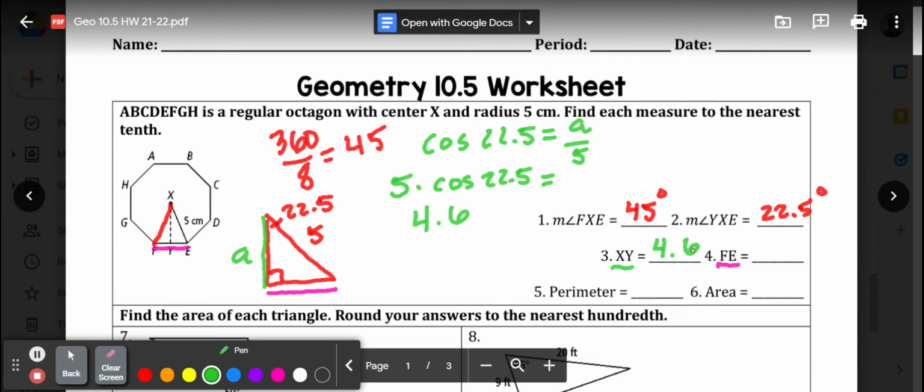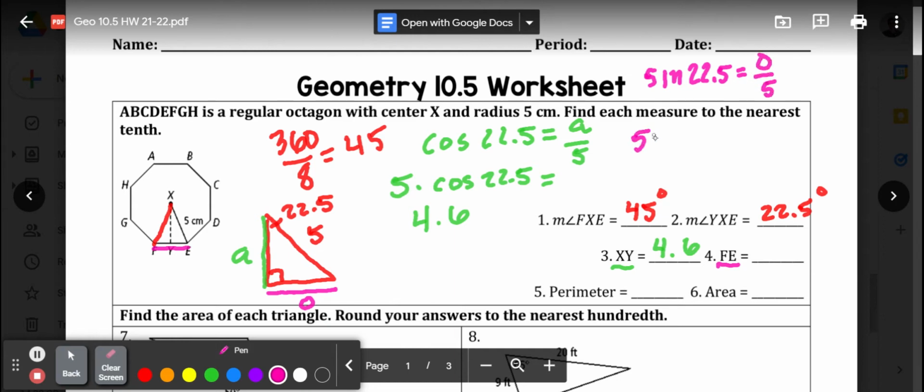Boom. Okay. Next, let's find this piece down here, which we're going to have to double for FE, but this is the opposite piece. We have hypotenuse and opposite, so that's going to be sine. So sine 22.5 equals opposite over hypotenuse.